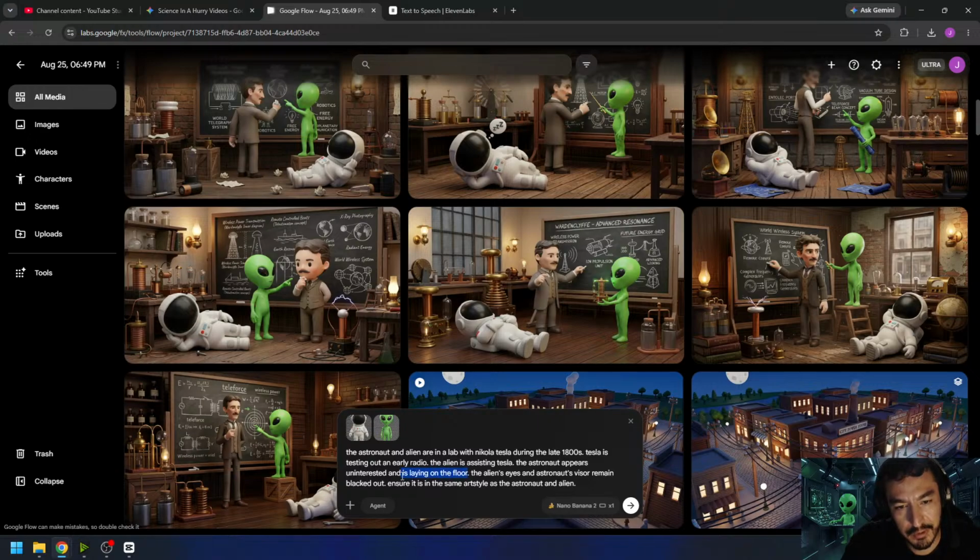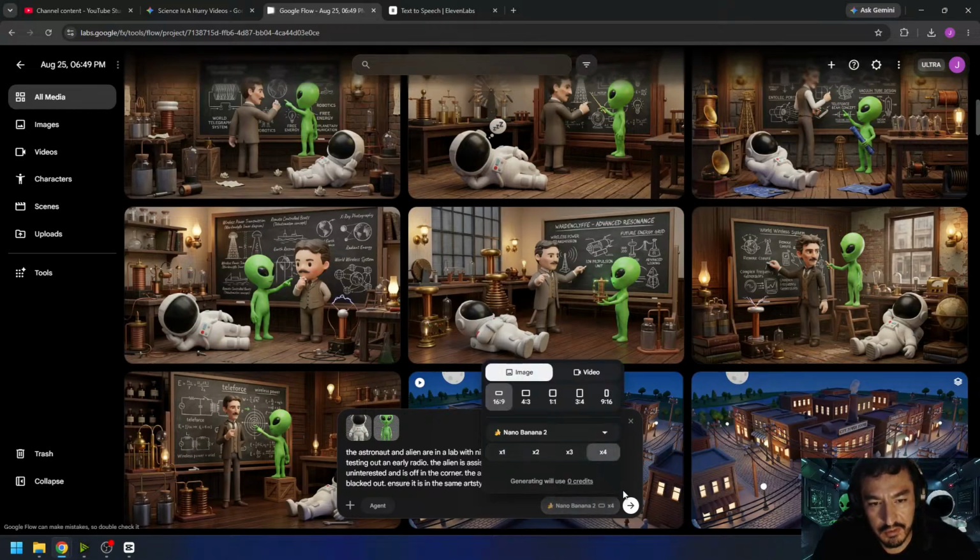And let's see, what do we want him to be doing this time around? Just have him, astronaut is uninterested and is off in the corner. Okay, so let's test that out.